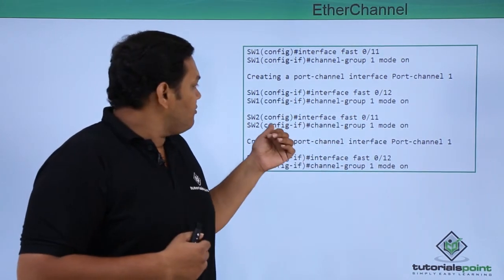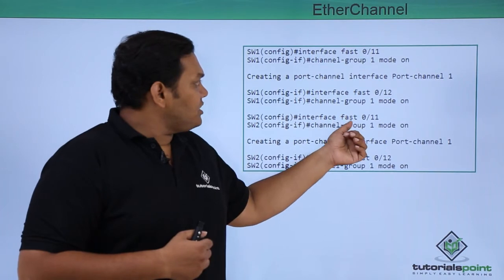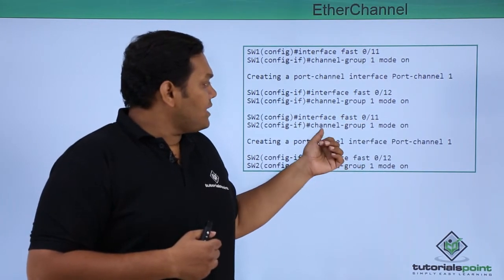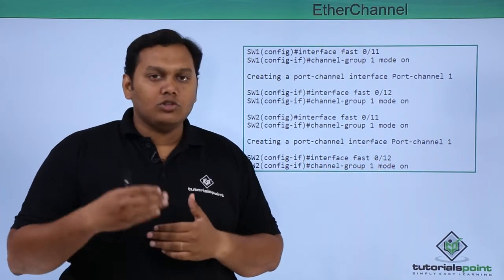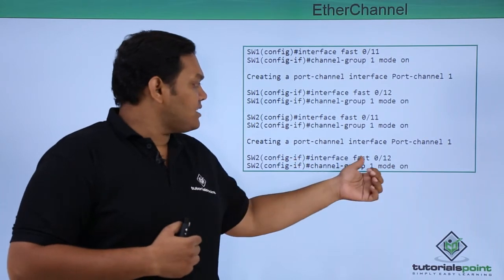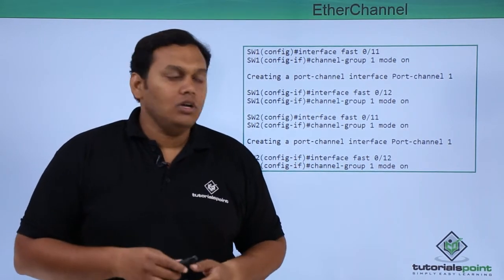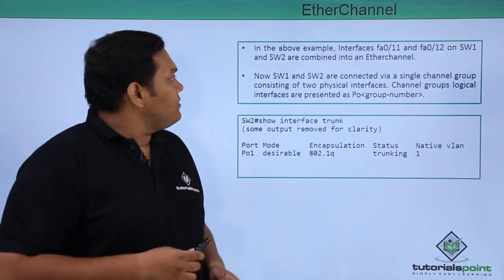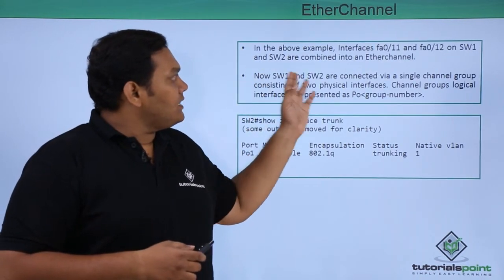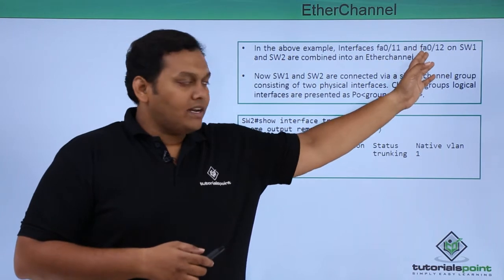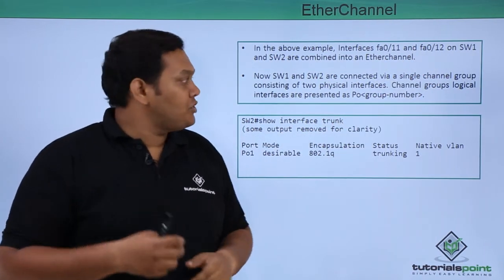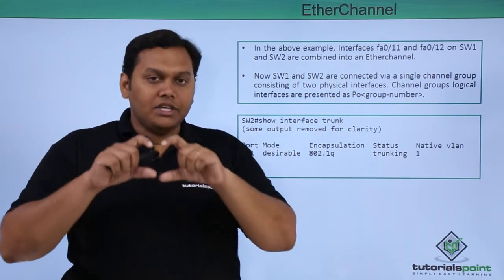In the same way, on switch 2 FastEthernet /11 has channel-group 1 mode on enabled, and FastEthernet 12 on switch 2 is also enabled with channel-group 1. So it is very clear that interfaces /11 and /12 on switch 1 and switch 2 are combined into an Ethernet channel.